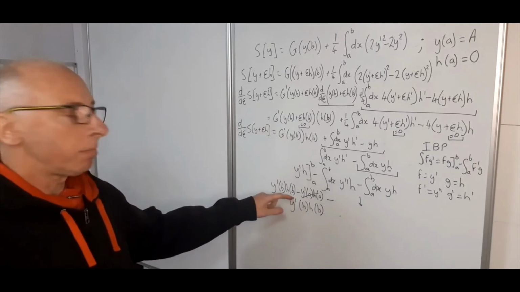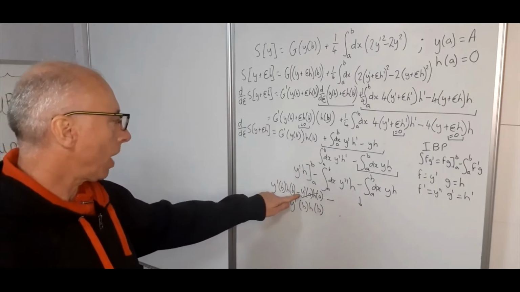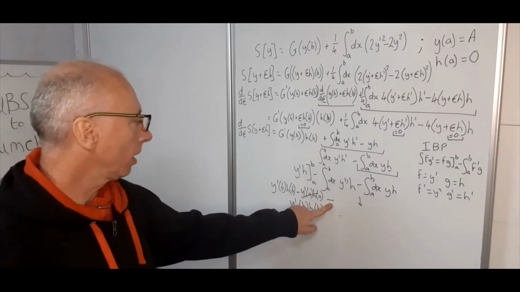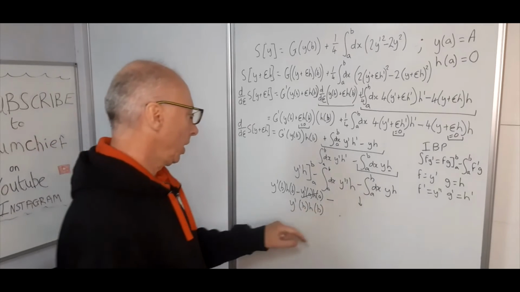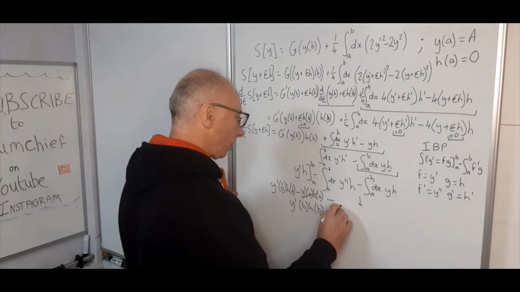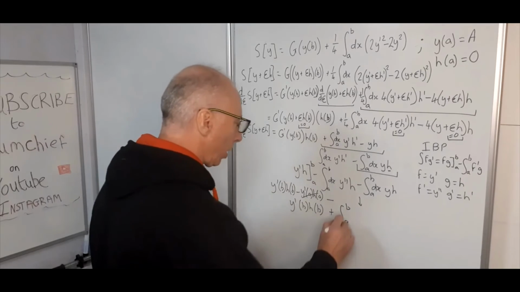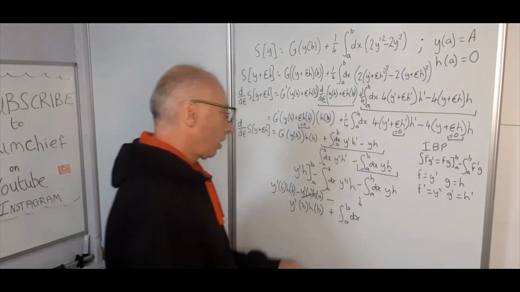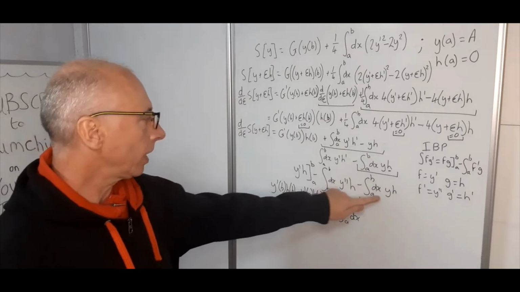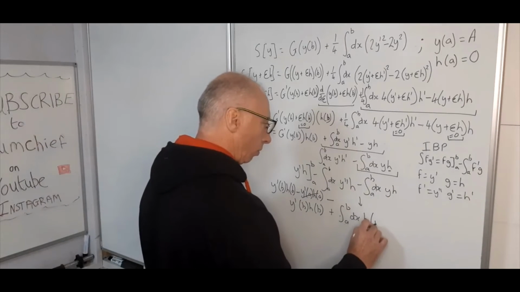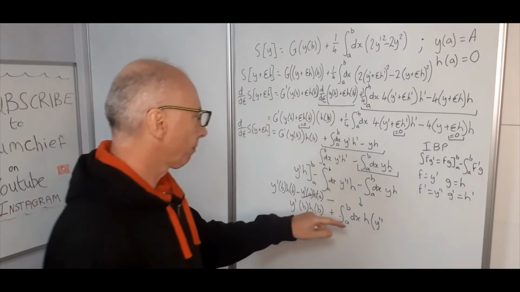Just be careful with our minus signs here. So we've got to subtract that, which just disappears. But then we've got another minus sign here. So a minus and a minus. So that's now going to give us a plus. And then we can do something with this integral here with regards to x, because they both contain an h. So we can now factor out the h and do y double prime.